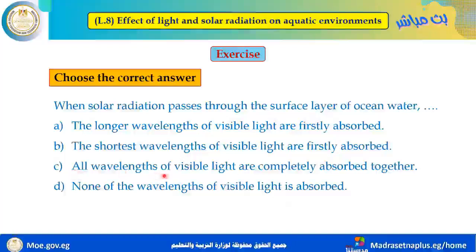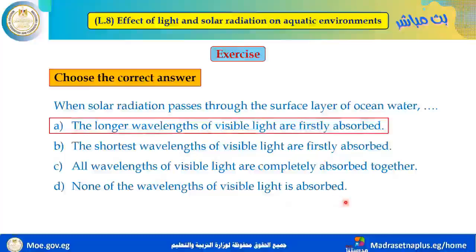All wavelengths of visible light are completely absorbed together. None of the wavelengths of visible light is absorbed. Yes, that's right. The longer wavelengths of visible light are firstly absorbed, like the red and the orange.